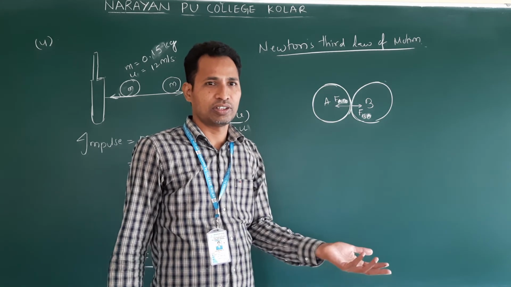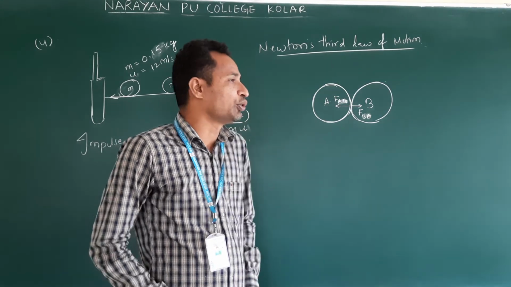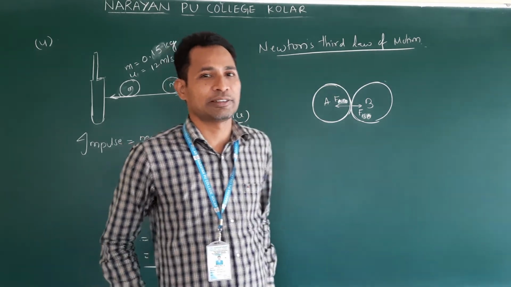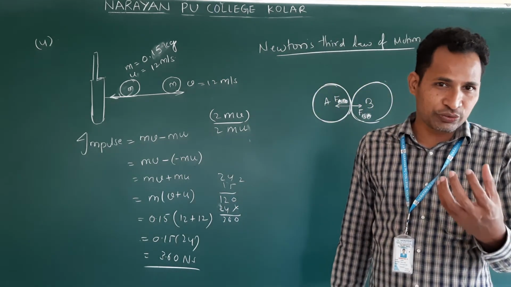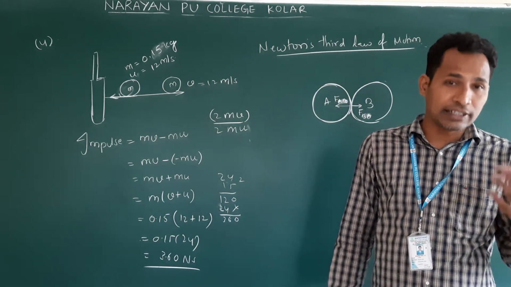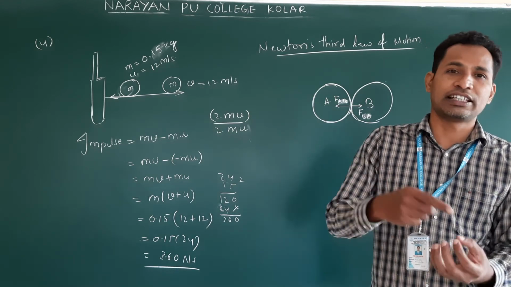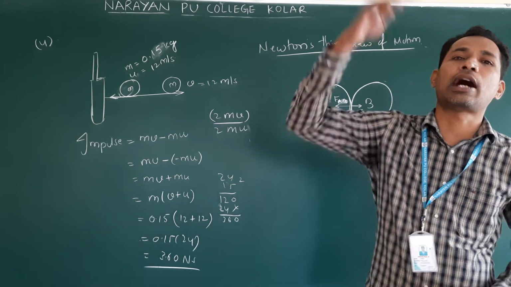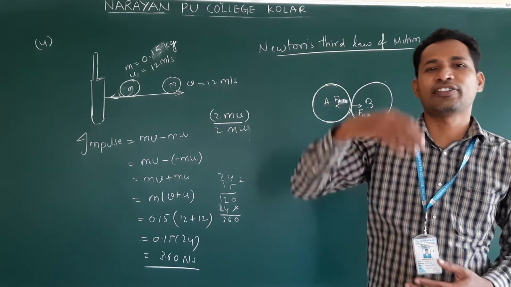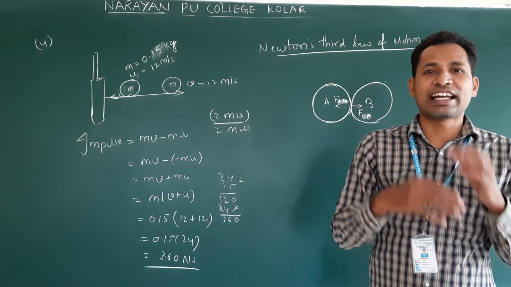Otherwise not. Okay? If rocket propulsion is there, don't think the rocket is only one object. Another object is the gases coming out of the rocket. The fluid that comes out from the rocket develops the thrust on the rocket, which pushes the rocket up. One is action, another one is reaction. Understand? It is not first action and then reaction.